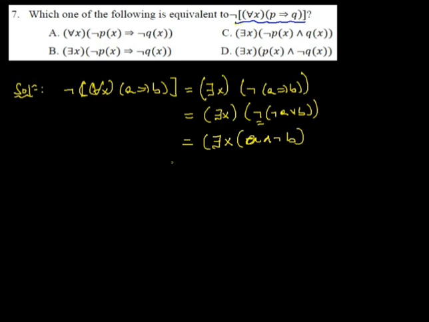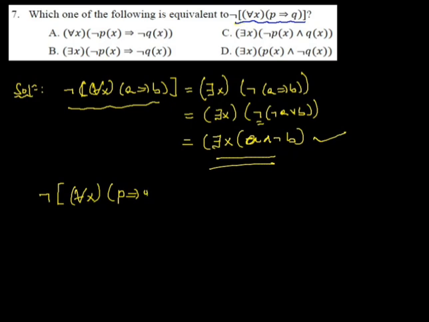So these two are equivalent. The negation of for all x, A implies B, is equivalent to there exists x satisfying A and the negation of B. So based on this principle, the negation of for all x, P implies Q is equivalent to there exists x.